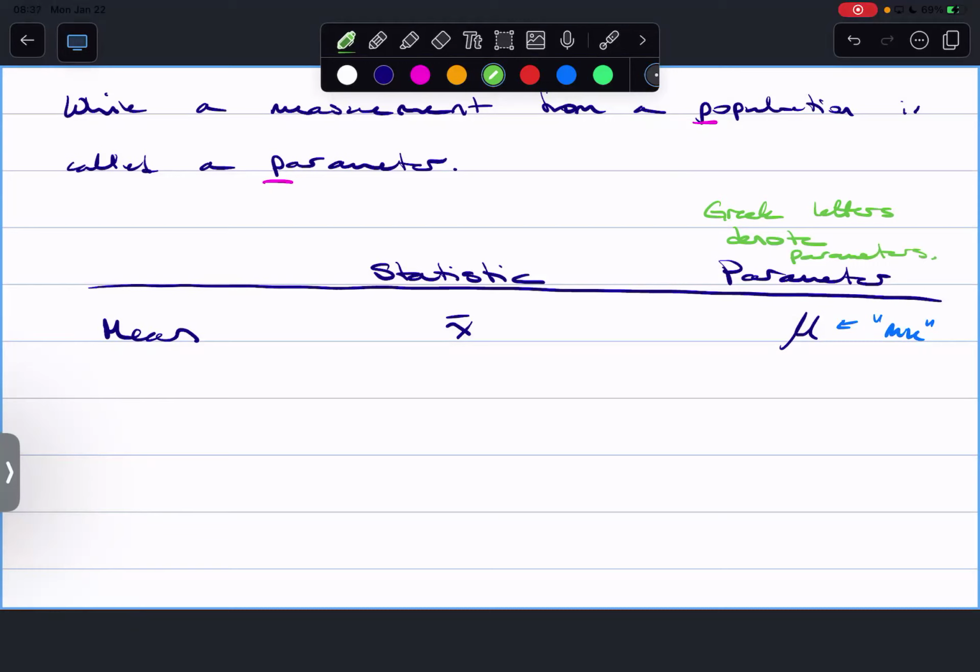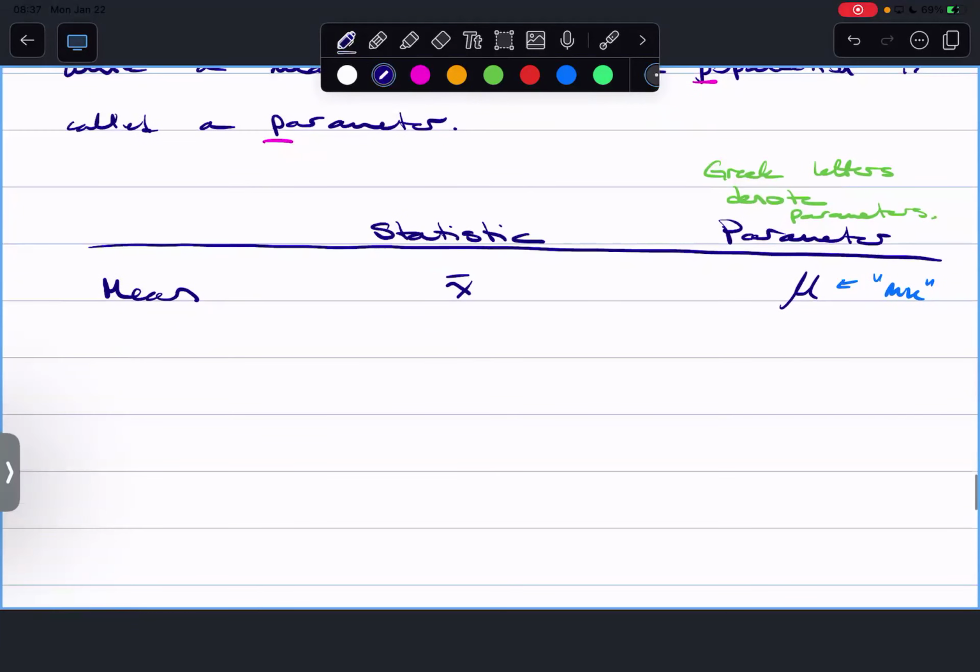They're not something that you're going to be able to calculate, but we are able to calculate statistics, things from samples. But the goal is to be able to take sample information to learn about what the population looks like.